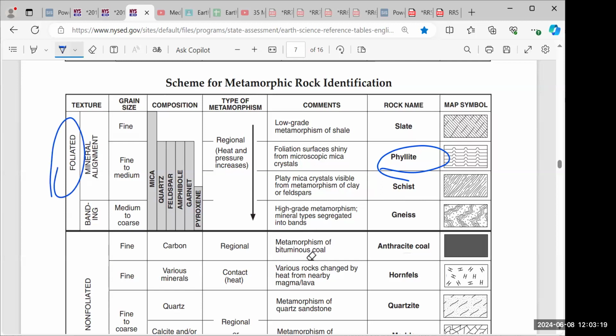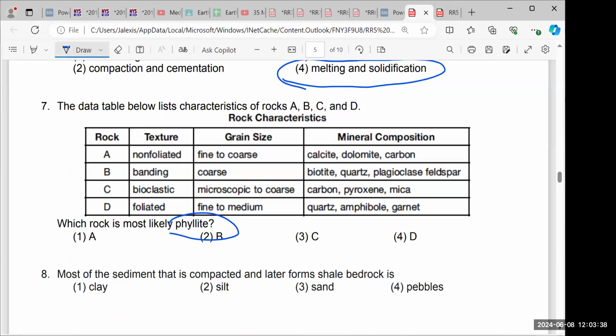Its grain size is either fine to medium, and the composition, so phyllite has garnet, amphibole, feldspar, quartz, and mica. When I look at all these characteristics, foliated, fine to medium, quartz, amphibole, garnet, the correct answer is choice D.